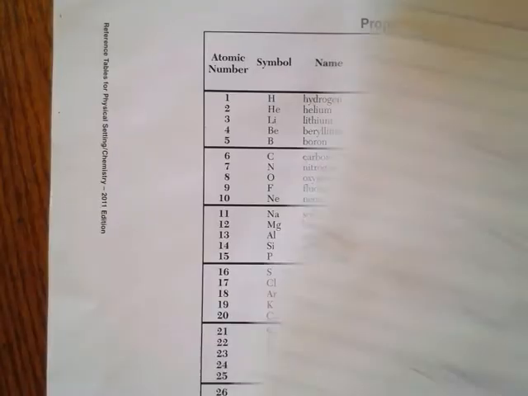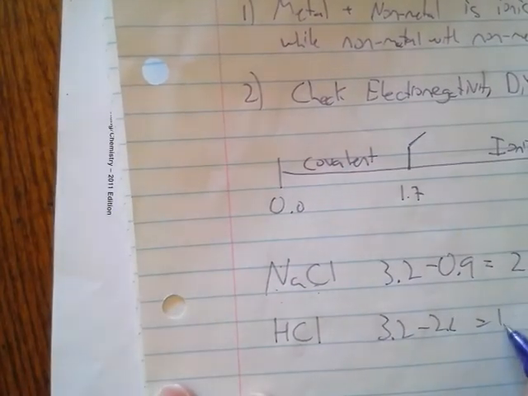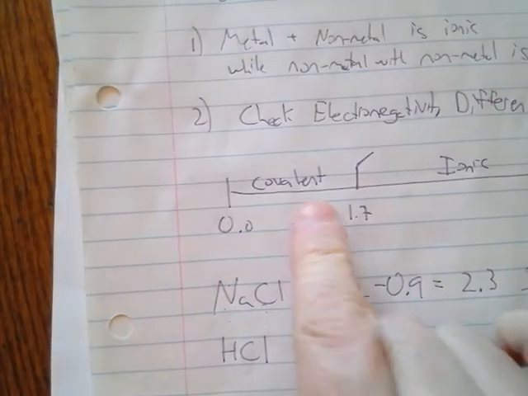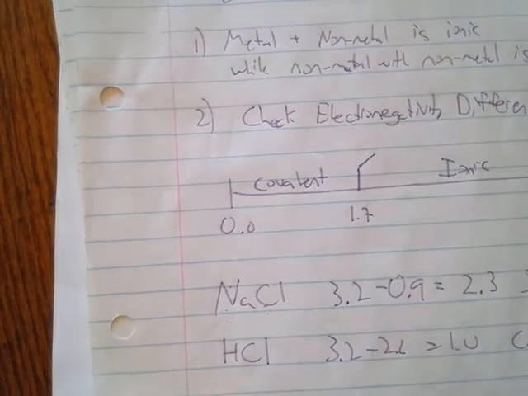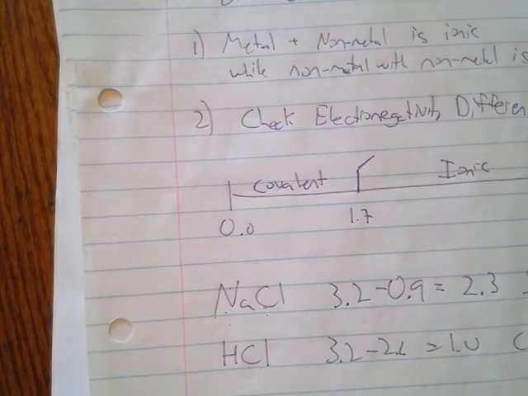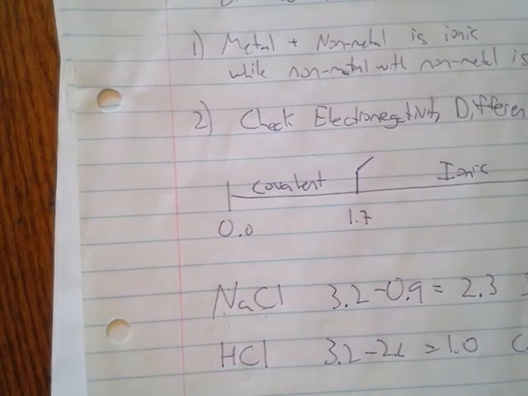So the difference, 3.2 minus 2.2, is 1.0. That is definitely in the covalent region, so that would be covalent. But like I said, I wouldn't generally use this formula to determine the difference between these two. I can always just use metal and nonmetal is ionic, nonmetal and nonmetal is covalent, and that always works, because like I said, there are some exceptions to this.